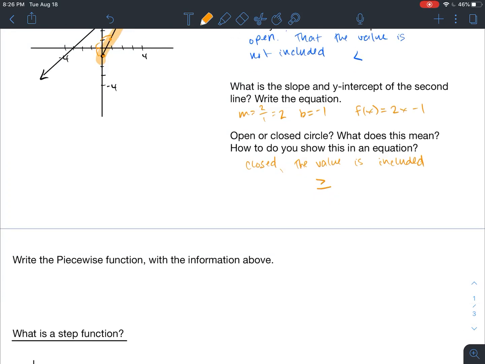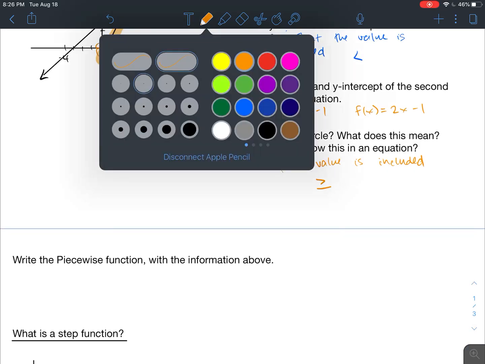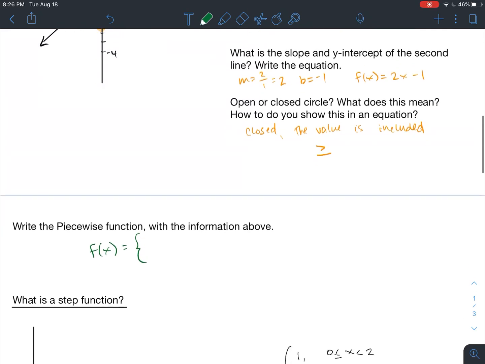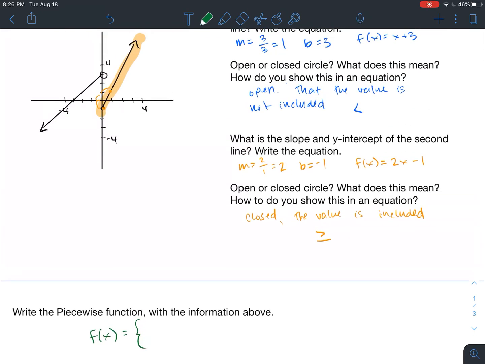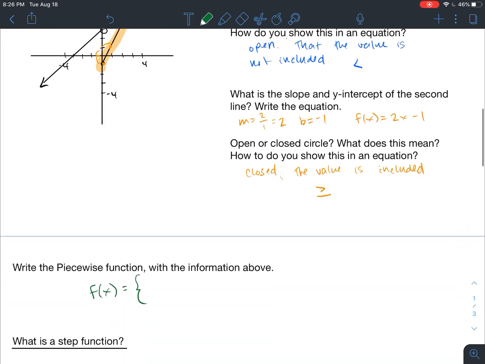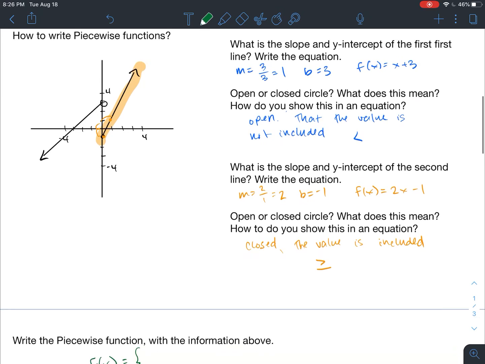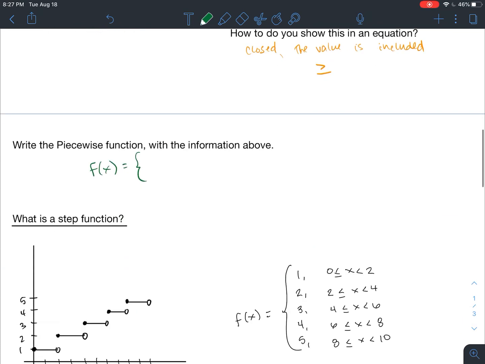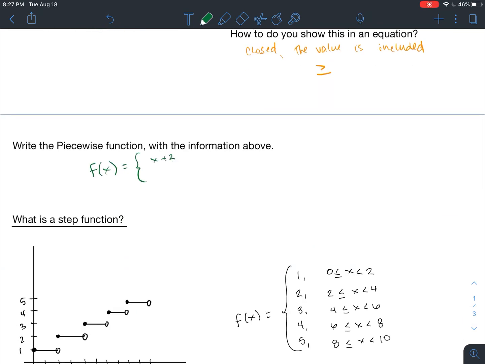So let's write all that we have and compose our piecewise function. We write f of x is equal to, and we use this sign right here whenever we're going to show multiple functions in a piecewise function. Let's write the function that exists from negative infinity to 0, the less than part. So f of x is equal to x plus 3.